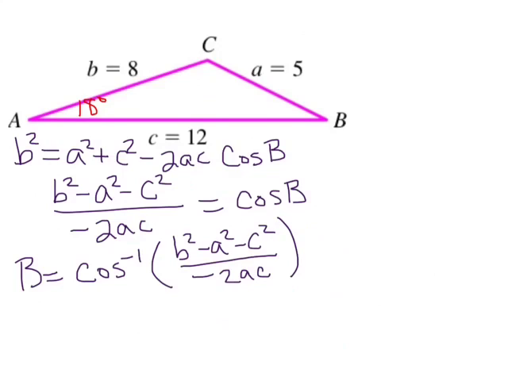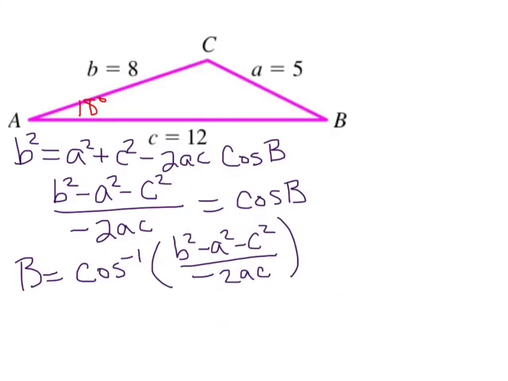So there we have it. Now what we're going to do is plug in the numbers that we know so that we can solve for our angle B in this case. Let me pick a different color. Let's go with red this time around.